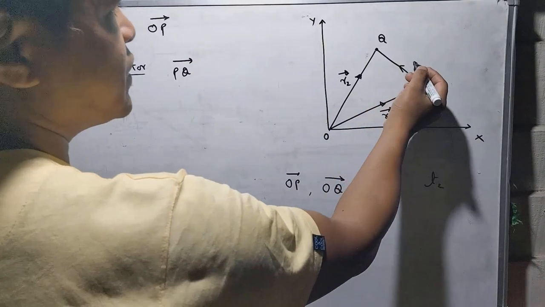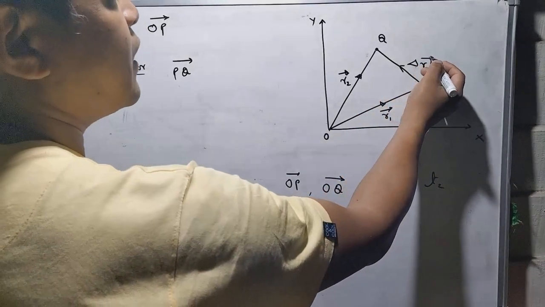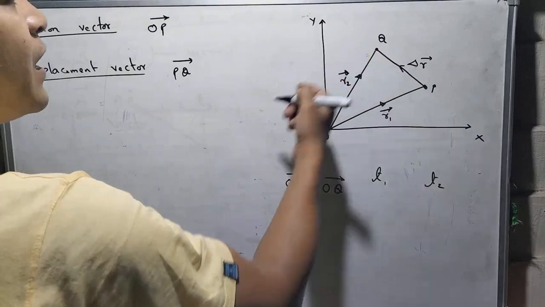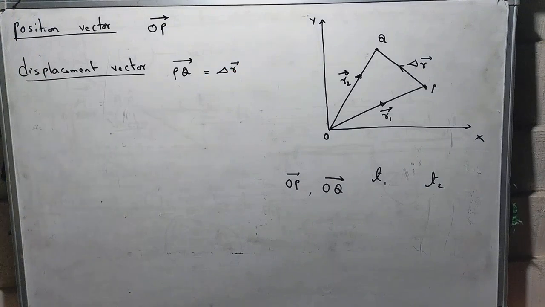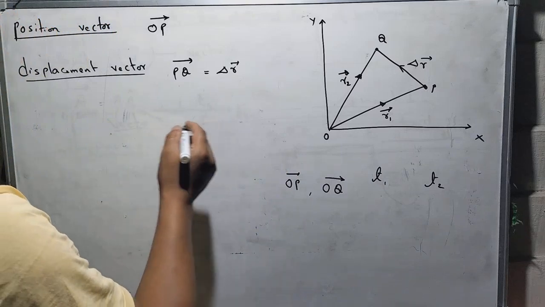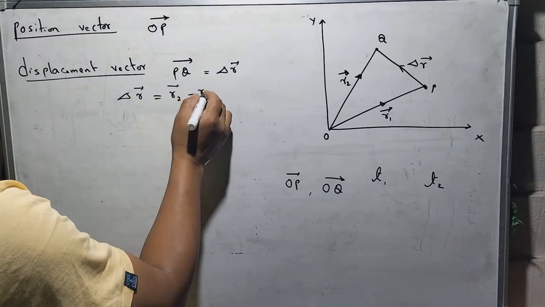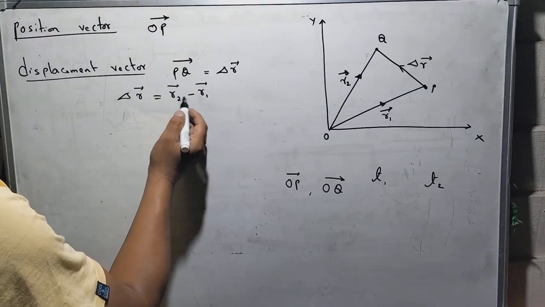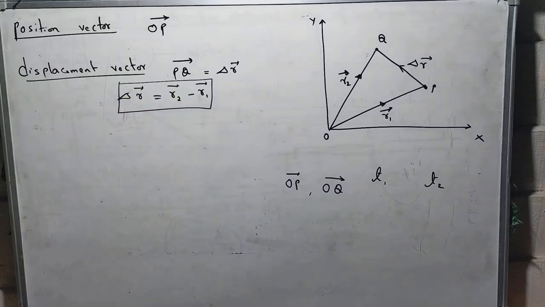Suppose I write this as delta R arrow, then delta R arrow will represent the displacement vector. We shall see later that the displacement vector delta R is equal to R2 arrow minus R1 arrow, that is, the final position vector minus the initial position vector. Okay, right? So in the next video, we shall see some more topics about vectors.